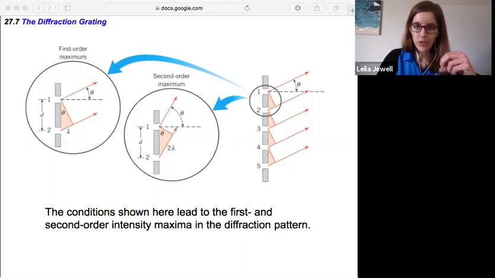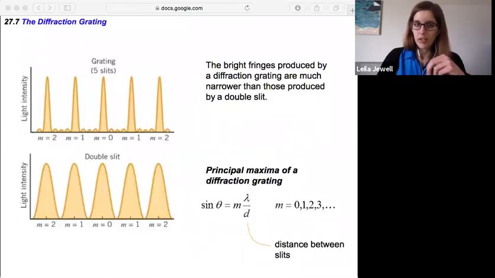And so this is actually remarkably similar to our double slit setup. So let's compare. This is a plot of the light intensity, how bright the light is, as a function of the m value. In the middle is the central fringe, m equals 0, and then you have the bright fringes on either side. It's shown for the diffraction grating that has multiple slits, as well as for the double slit, which only has 2 slits.